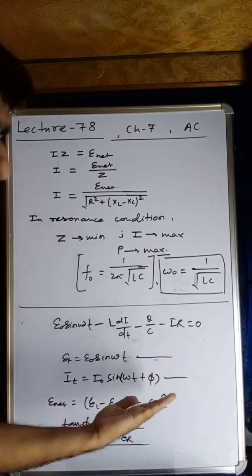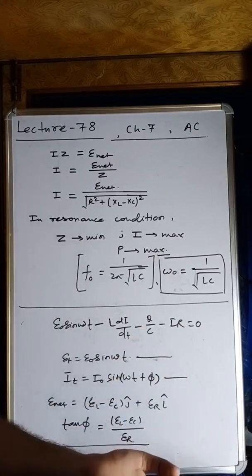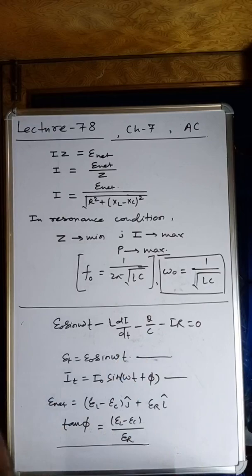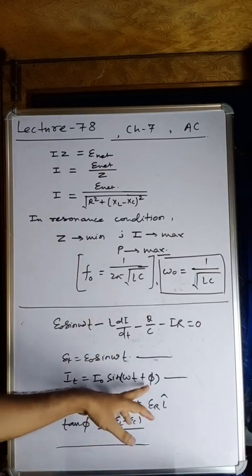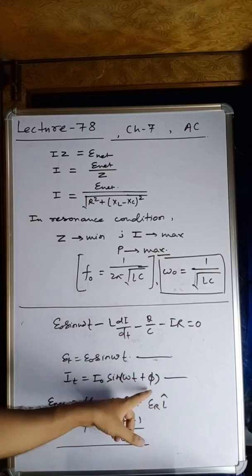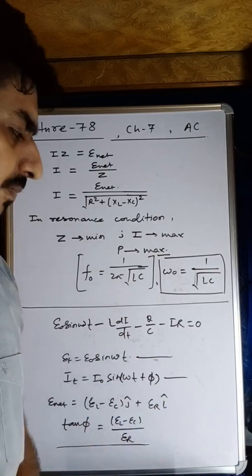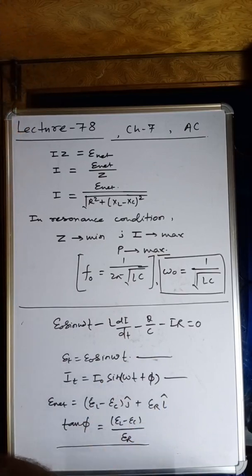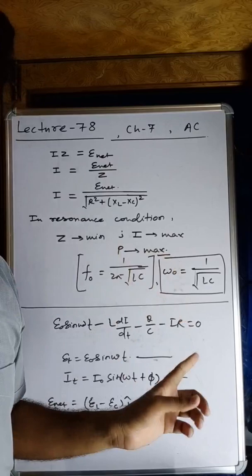Whether phi is plus or minus totally depends on whether EL or EC is dominating. If EL is greater than EC, then using the equation phi will be positive. If EC is greater than EL, then phi will be negative.